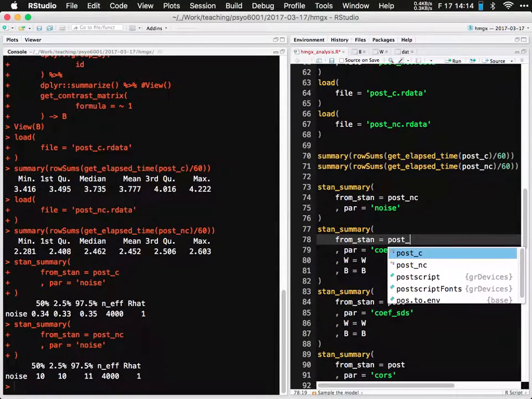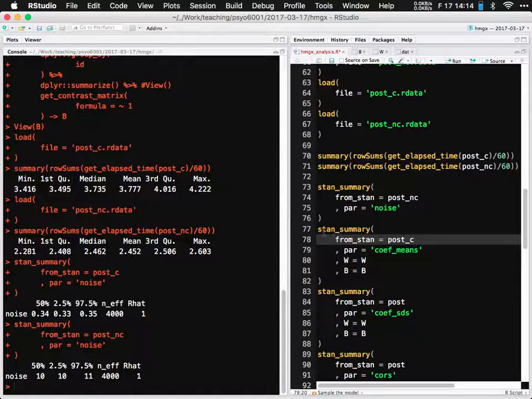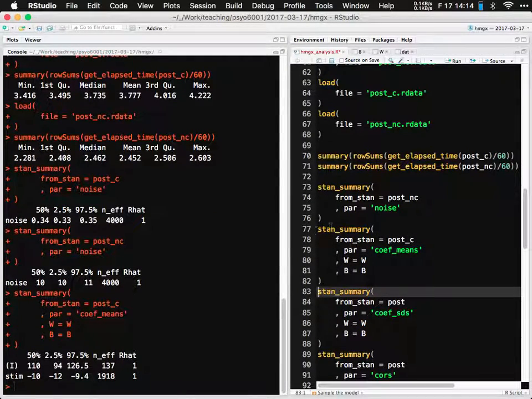Let's look at the means. So the coefficient means from the centered version. Well, we get a pretty low effective sample size for the centered version, because there should be 4,000 samples. I put it at 4 cores and 1,000 post warm-up samples. I mean, R hat is still 1.